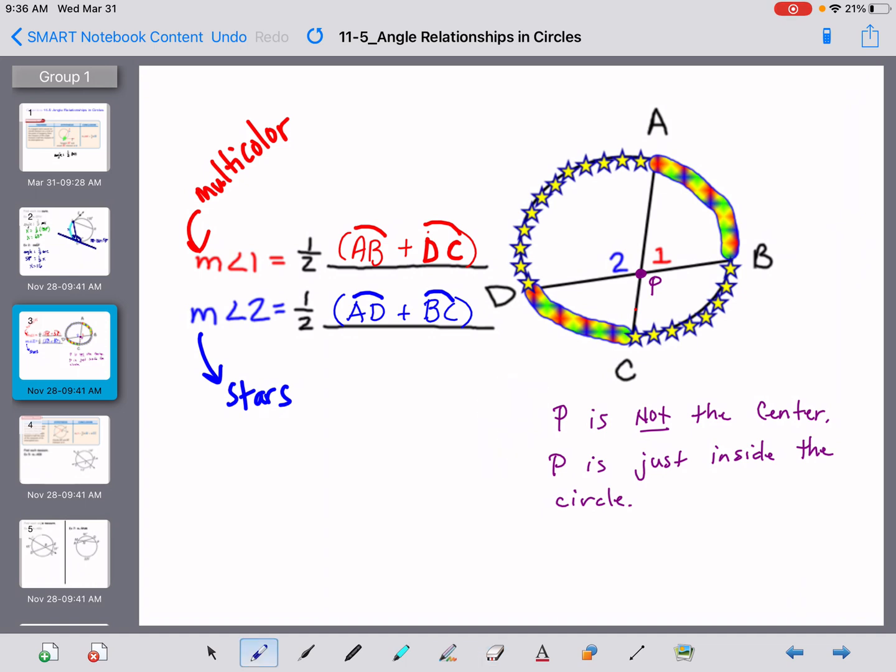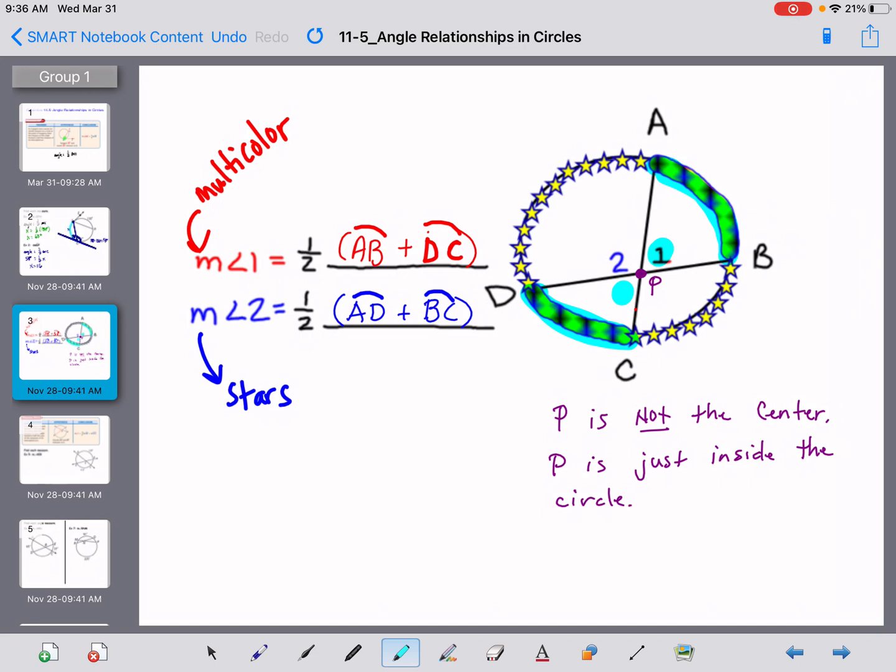And what you would do, for angle 1, first of all, both of these angles right here are congruent. They're vertical angles, and vertical angles are congruent. It's been a little while since we've talked about vertical angles, but that's something you can't forget because it's just that important. So both of those angles would be congruent, which means if we look at these multicolored arcs, we would average those, and that would give us the angle.